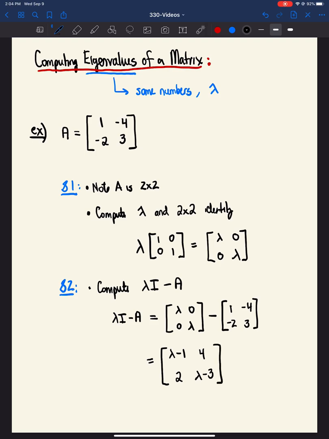And the reason we wanted to compute that difference is that in the next step, we're going to take a determinant of that matrix difference. So I'm just going to bring that matrix along for the ride.